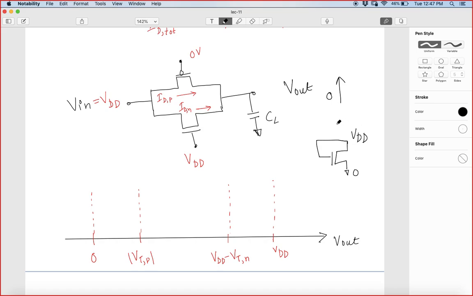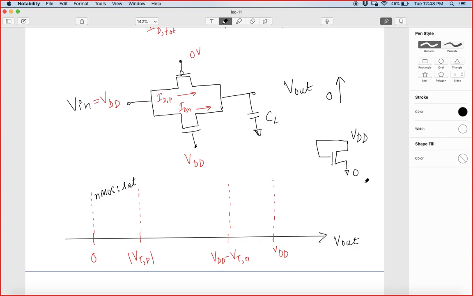So in this situation the NMOS is in saturation region. These two are already connected to VDD, and this will always be connected to VDD.